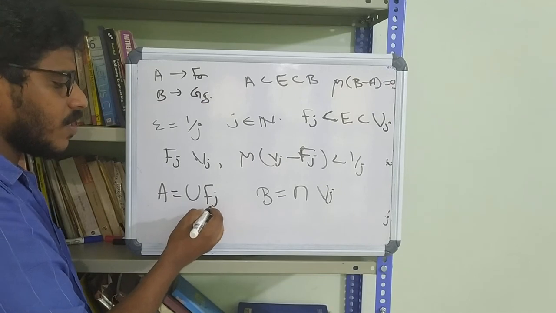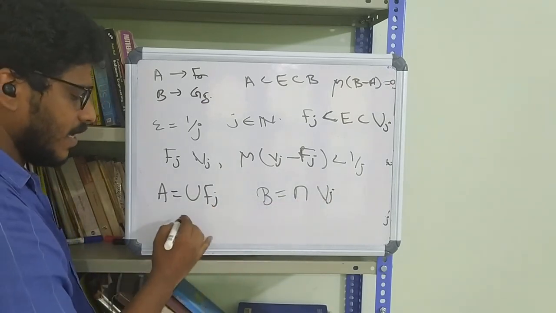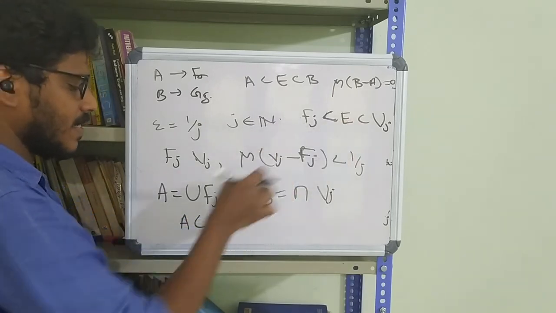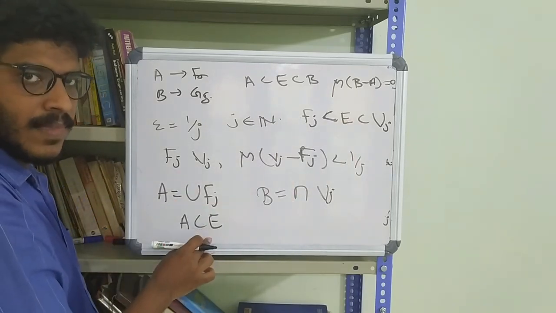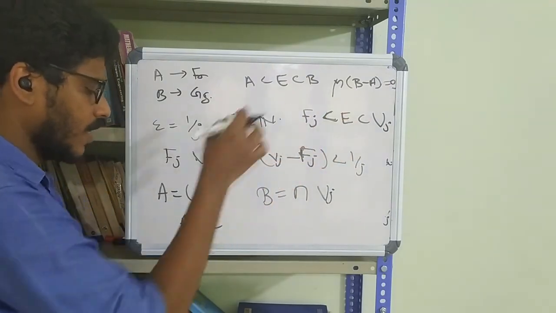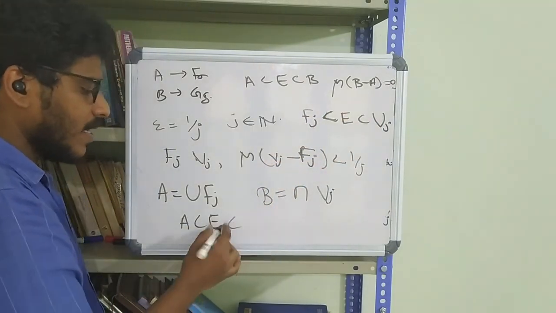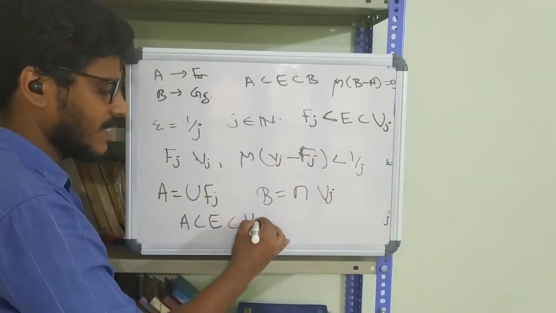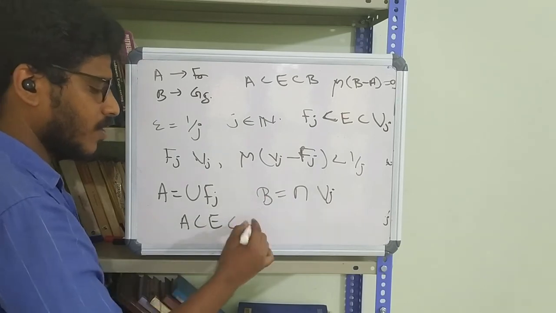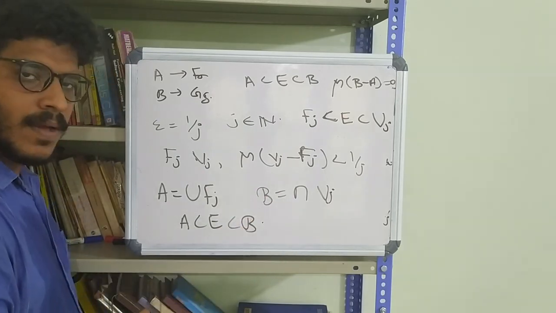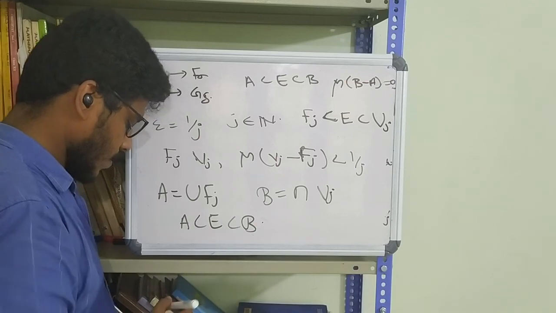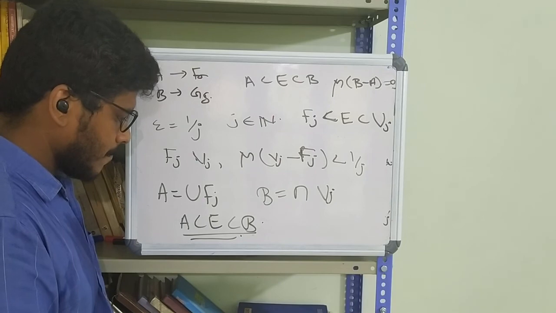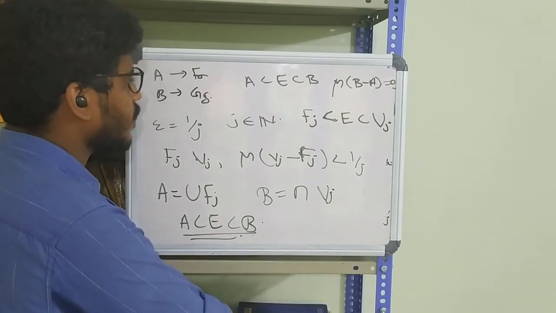Then since A is equal to the union of Fj and B is equal to the intersection of Vj, we can conclude that A is contained in E. Every Fj is contained in E, so their union has to be in E. And E is contained in every Vj, and for that reason E has to be in the intersection of all the Vj's, which is B. Also, right. Okay. Moreover.